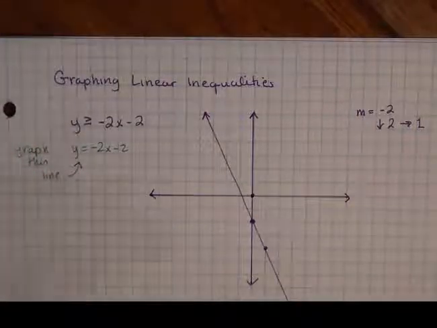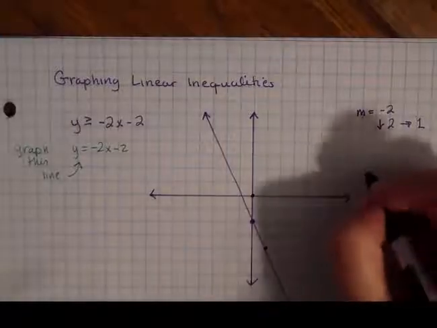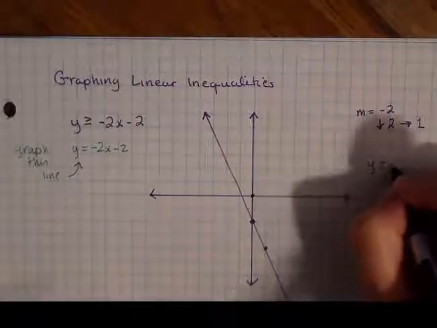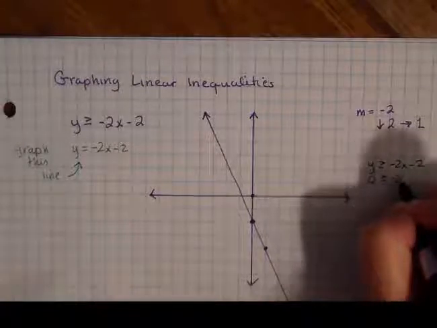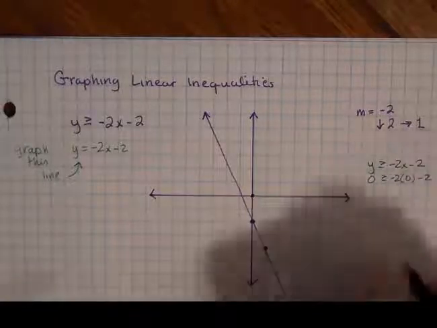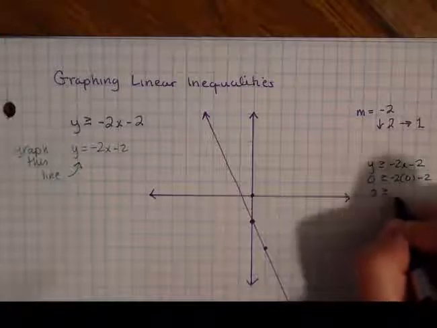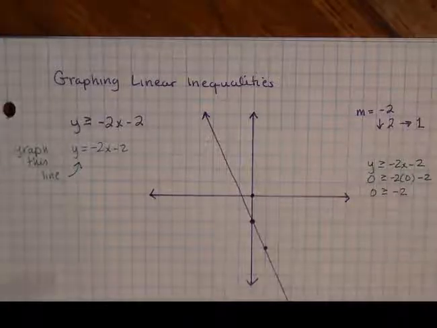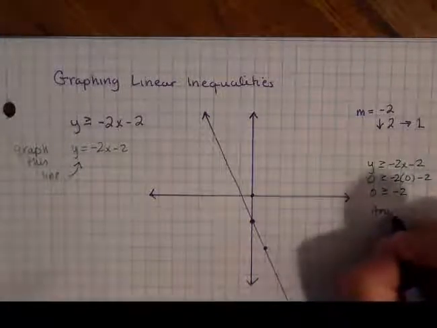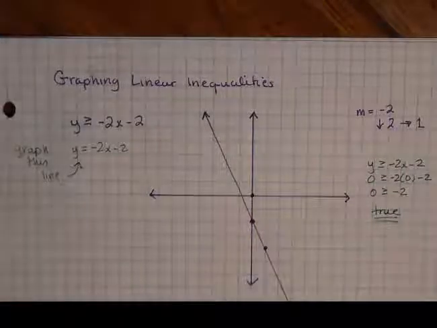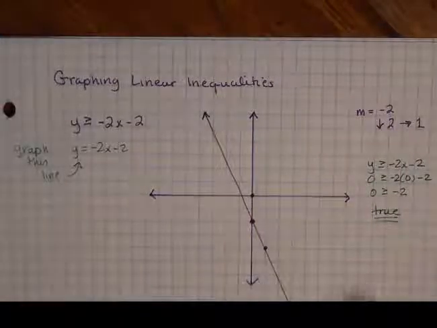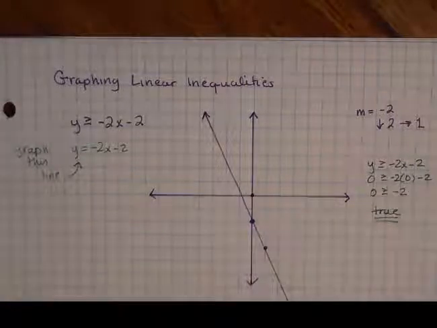Then we plug in that point. I have my equation, and I'm going to plug in the point 0, 0: 0 for x and 0 for y. I get 0 is greater than or equal to negative 2. This is true. Since I have a true statement, I will shade the side of the coordinate plane that contains the point that I used.